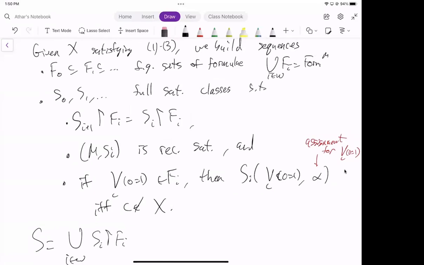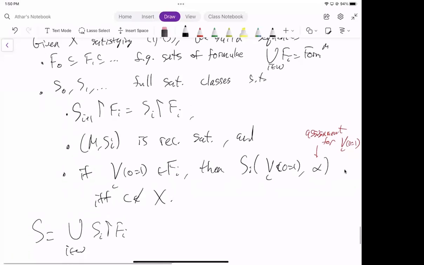If you do this, you get a full satisfaction class that does exactly what you think. S will be a full satisfaction class on M, and any disjunction of this form will be made true if and only if that length is not in X.